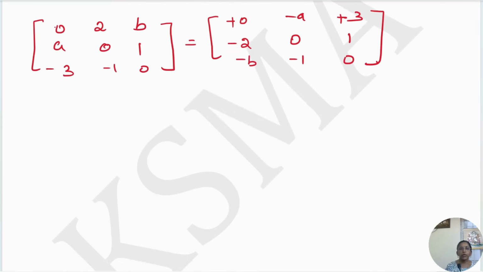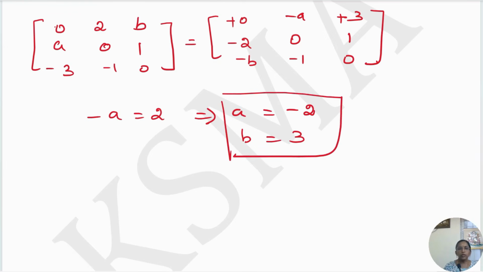So while comparing you can get your answer: minus A is equal to 2. So A is equal to minus 2 and your B value is equal to 3. So this is our answer.